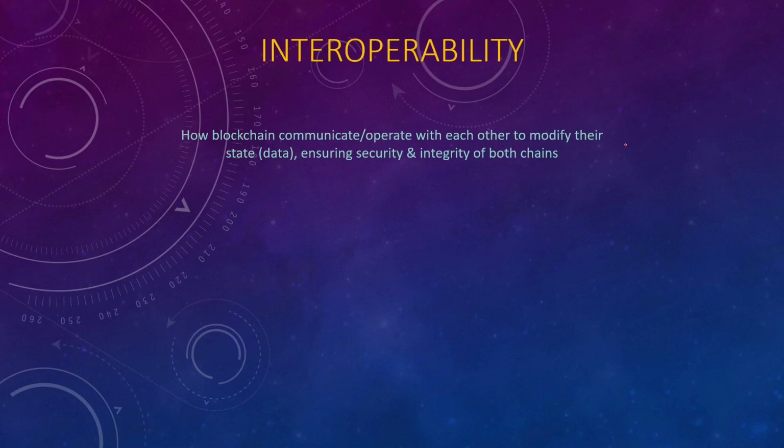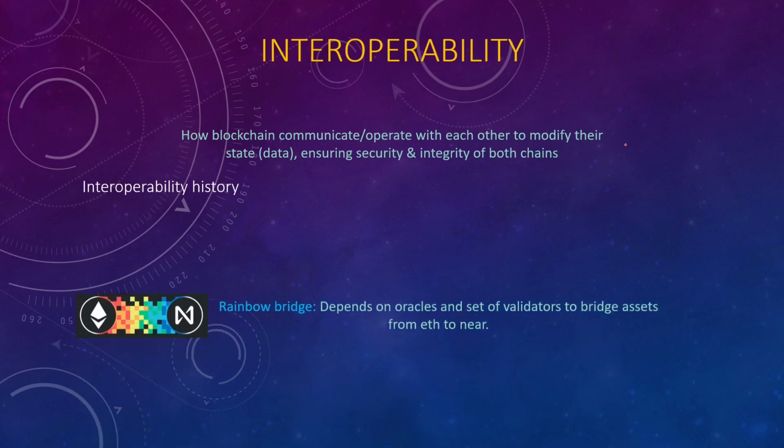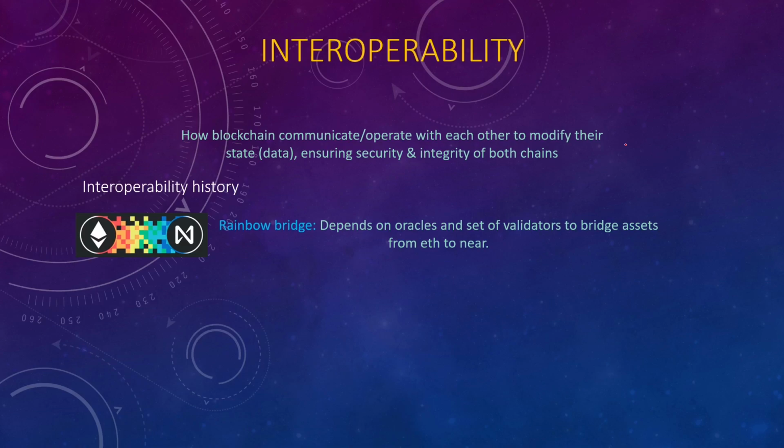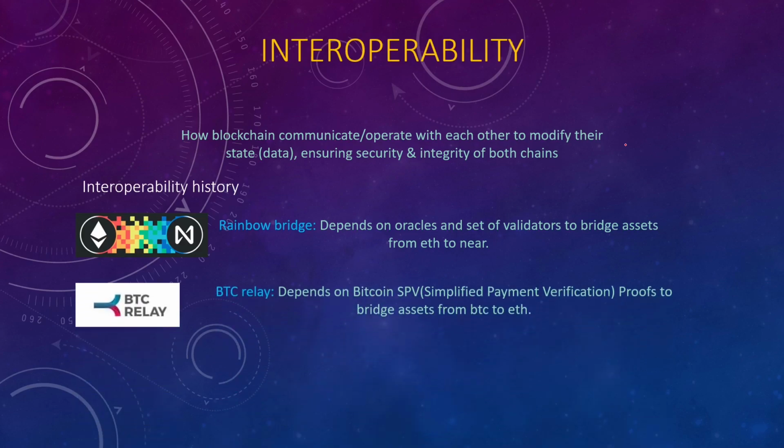Okay. Now let us see a brief history of interoperability between blockchains. We'll just be seeing brief names of the tools we had before this. First of all, we have Rainbow Bridge, to bridge assets from ETH to Near, which depends on oracles and a set of validators. And after that, we have BTC Relay.